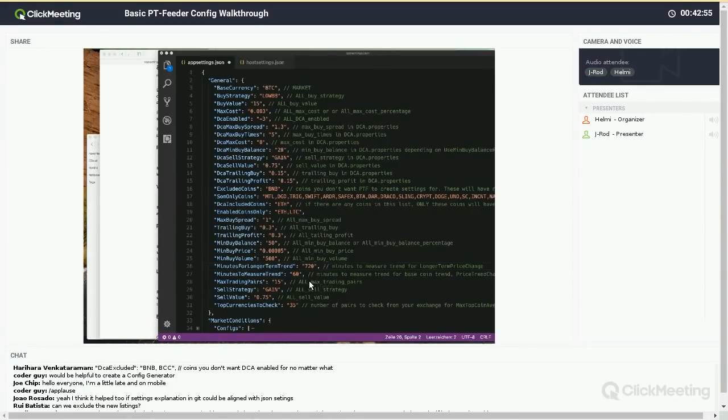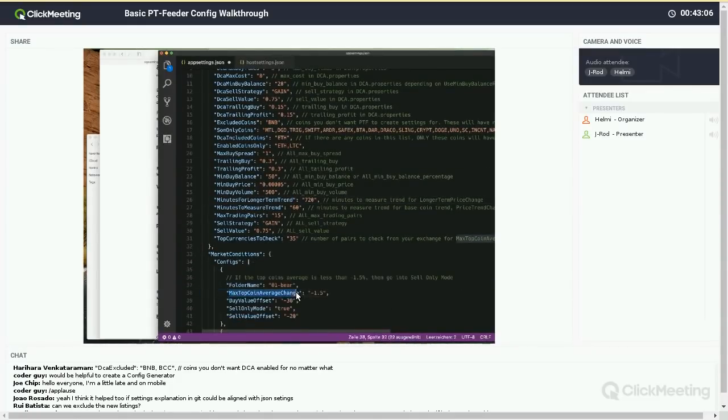Basically they're used for different things. In the market conditions, the max top coin average change is taken over this time frame, for example.